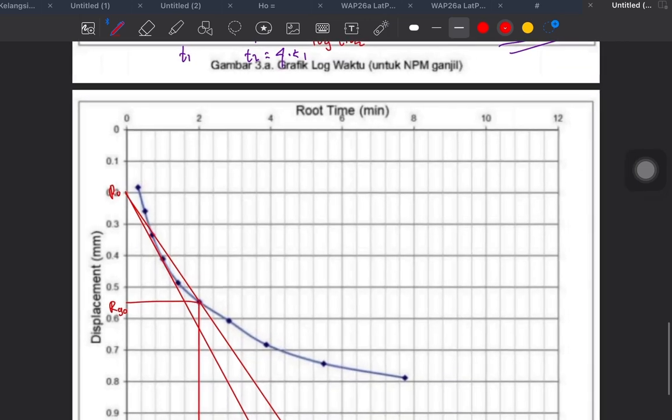Okay, next, I think we can directly calculate the coefficient of consolidation for 90%.